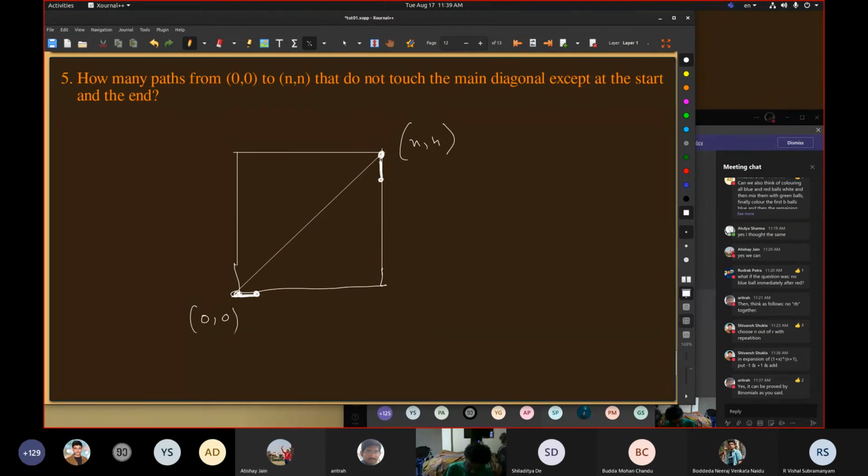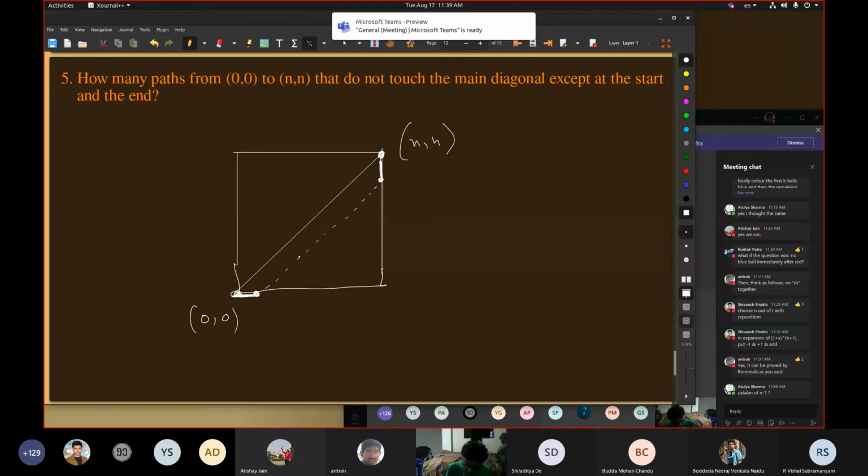Okay. And if I look at this, in the original Cn type of thing, I am allowed to cross this line, right? But I am not allowed to cross this line. But in this exercise, I am not allowed to cross this line.